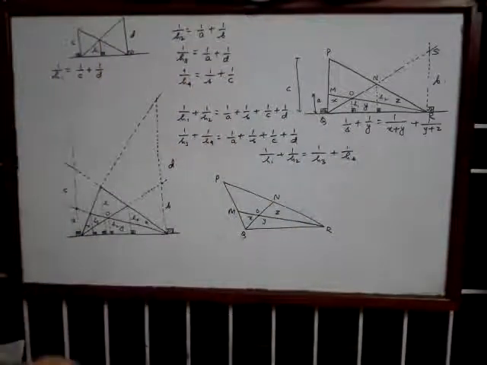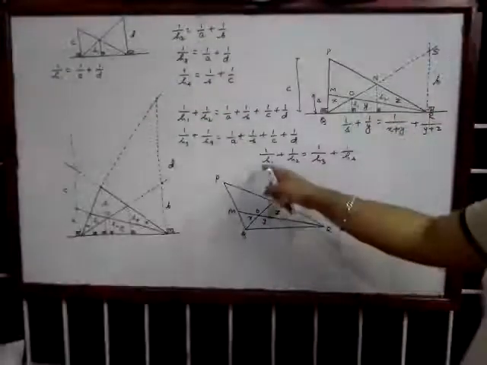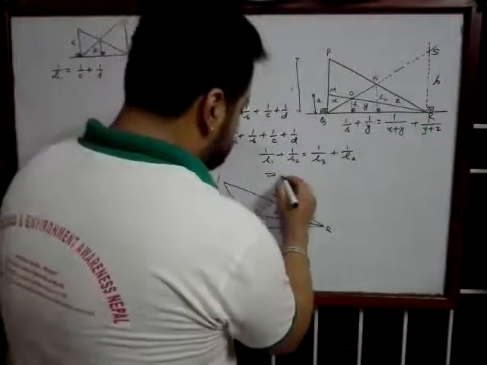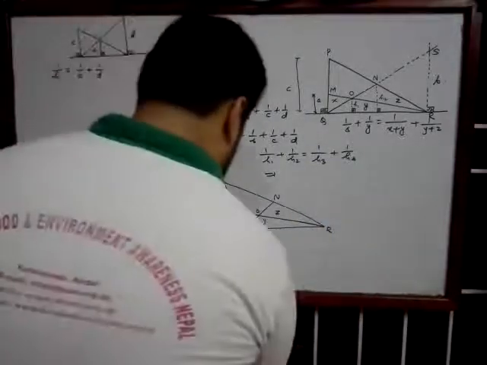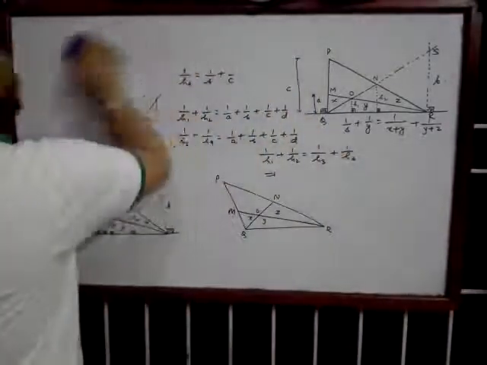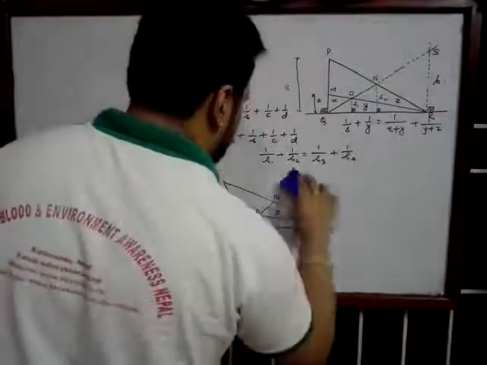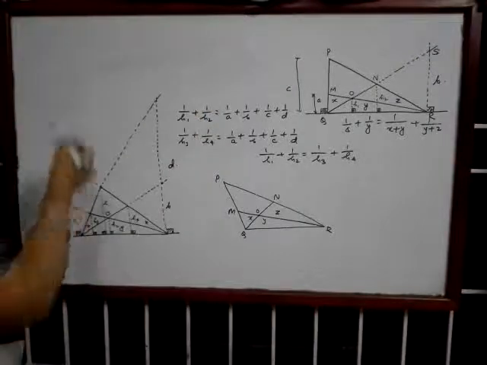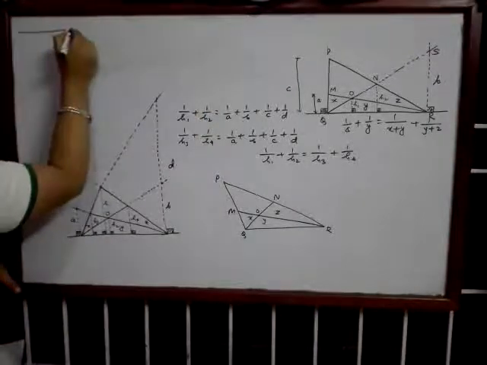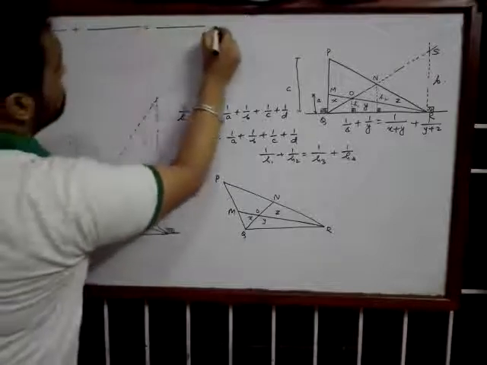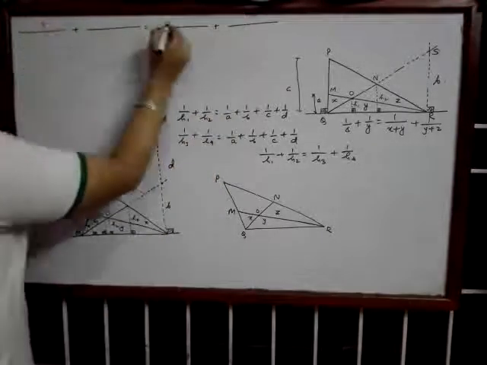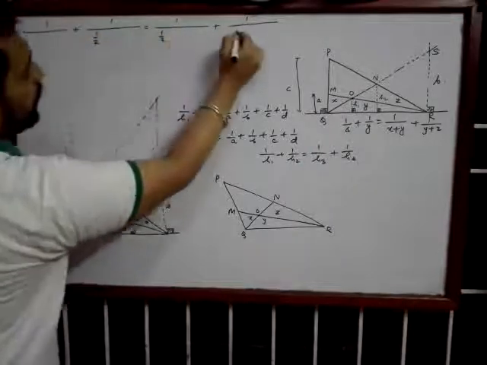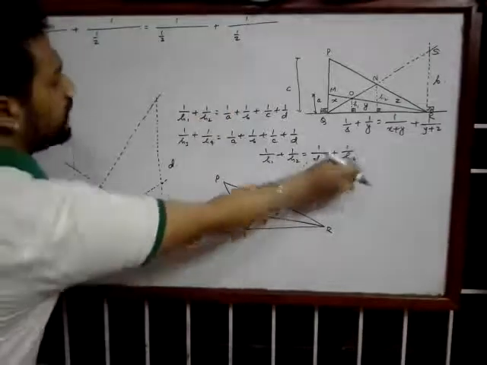Now, just like in the previous equation, let's multiply by half and then by QR. So what we get is one half, H1, H2, H3, H4.